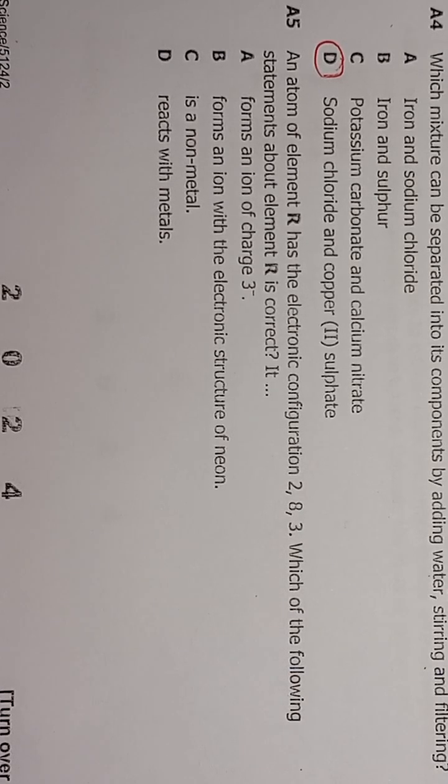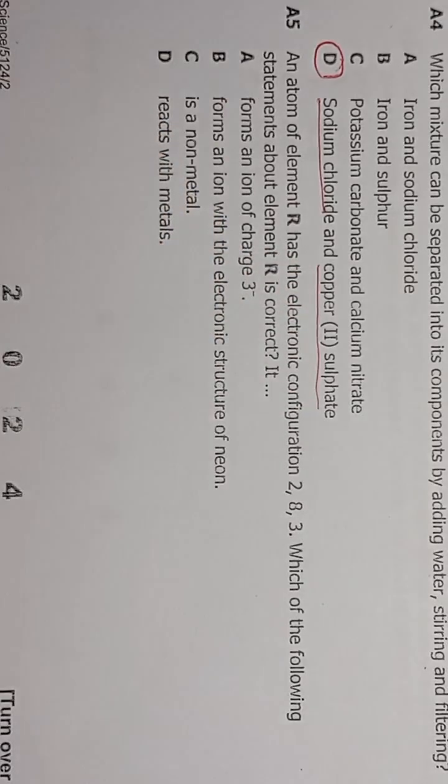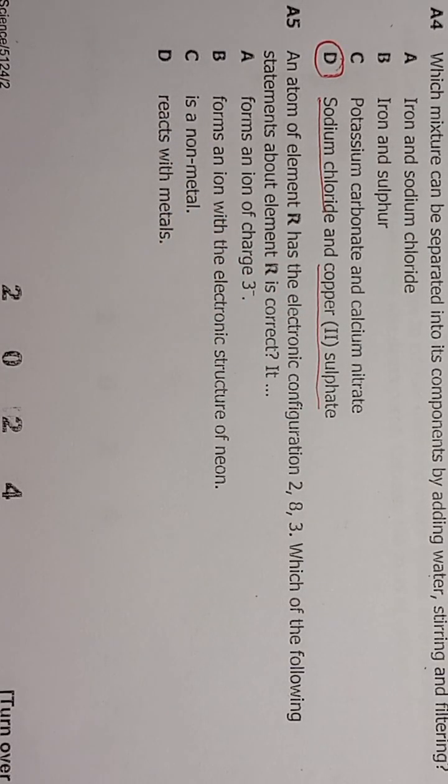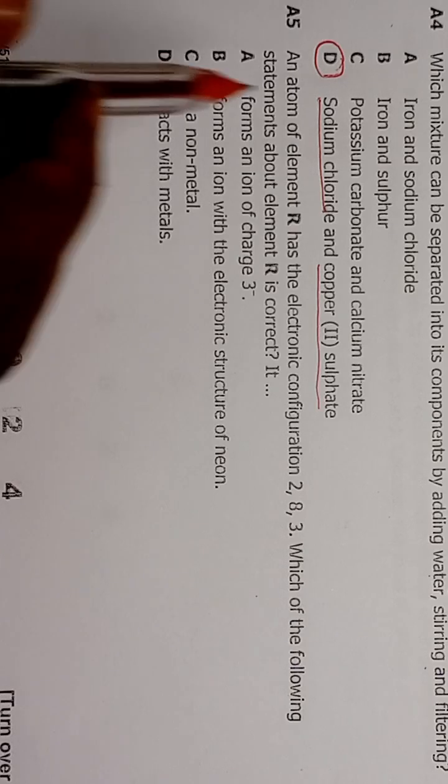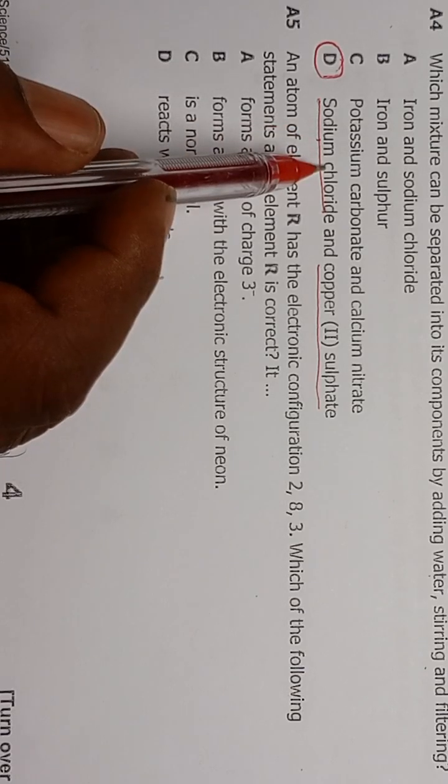So now let us defend our answer. Why sodium chloride and copper(II) sulfate? Both are ionic compounds. So when water is added and stirred, sodium chloride will dissolve in high solubility.